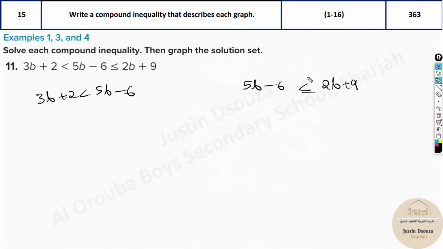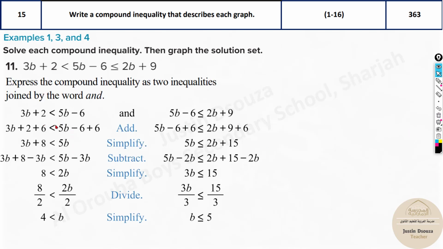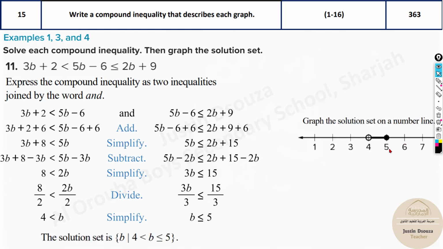There are two variables here. Solve them separately. You can see the method, every step over here. We will get two answers: 4 is less than b and b is less than or equal to 5. And then you can graph them. This is the solution. This is an AND problem because they are compounded with AND.